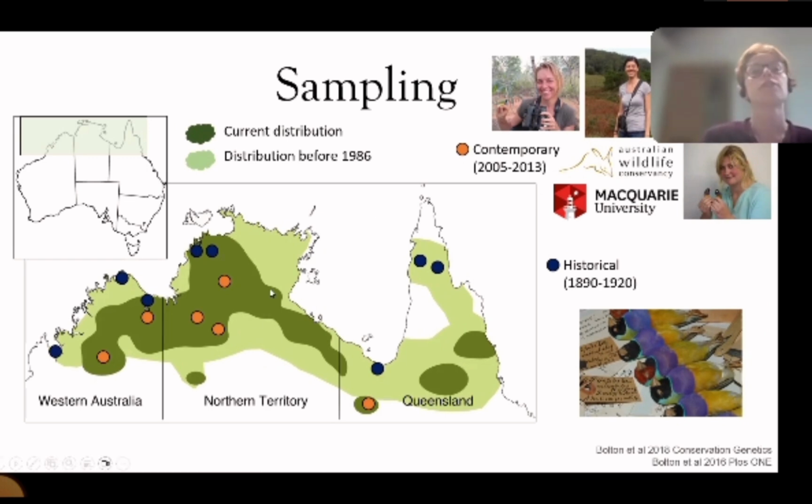They sampled various locations across the contemporary range, and then we compared this with museum samples. You can get genetic information from preserved museum skins, and we wanted to look at how much genetic diversity had changed over the 20th century during this time of supposed decline.